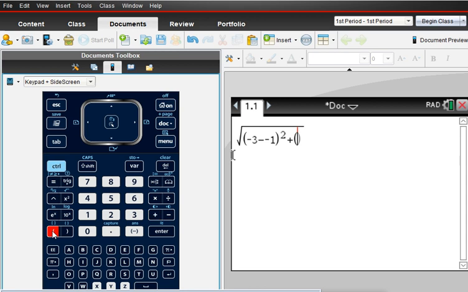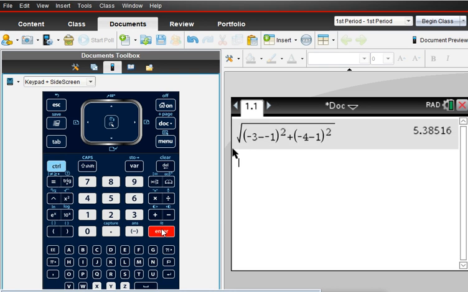So plus, parentheses, -4 minus 1, close parentheses, squared. And if you need to rewatch how to do that, rewind the video. So we get 5.38516, and again we're rounding to the nearest tenth, so we have 5.4.